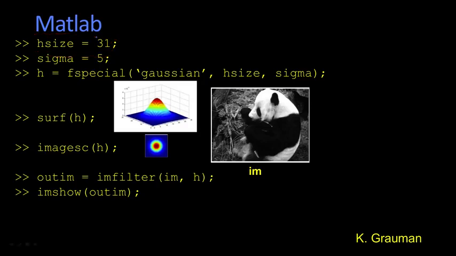And MATLAB has this really great little function called fspecial. And obviously it's special, or they would call it something else. In fspecial, you can give it parameters, one of which is the type of filter you'd like. You can give it the size and the sigma. You can also give it rectangular size and multiple sigmas. It will build these filters for you. And in fact, MATLAB has this beautiful little function called surf, which will plot for you as a surface.